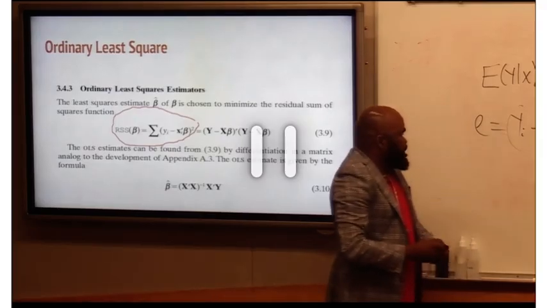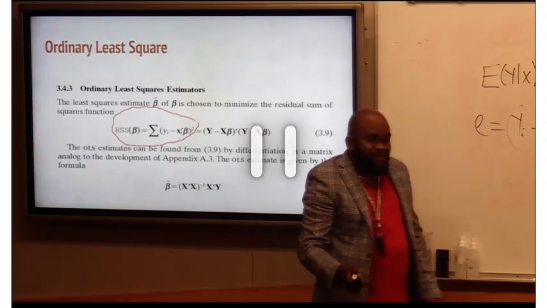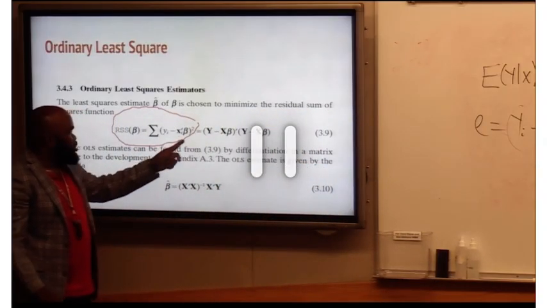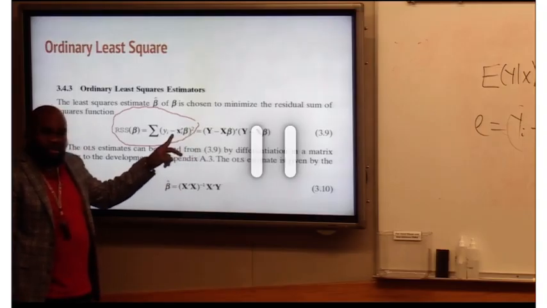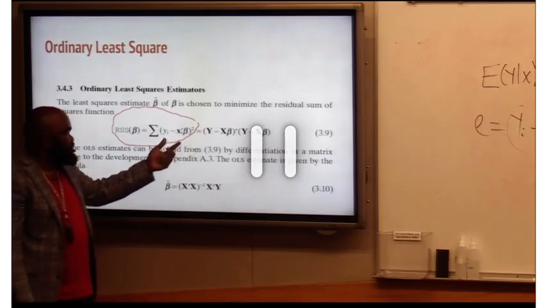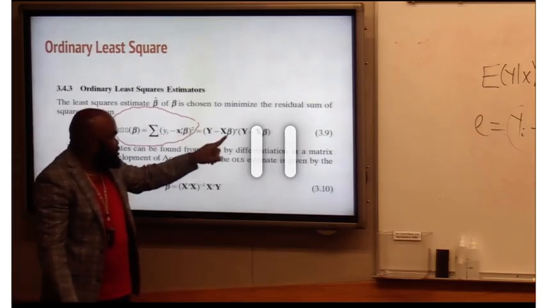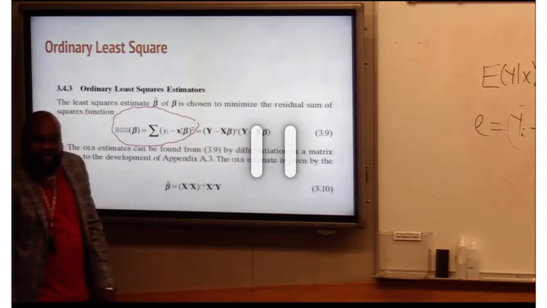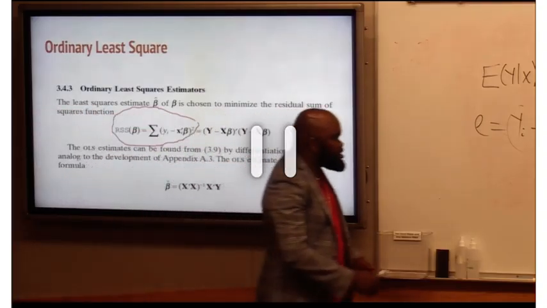But let me tell you this. In scalar form, I'm going to have a summation and there's going to be a square. But because I'm talking about matrices, instead of a square, I'm going to write y minus that, put a transpose, and multiply by that. So this is that in matrix form.